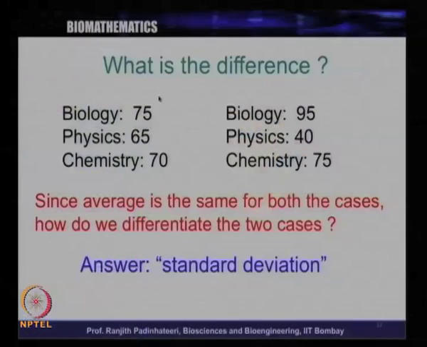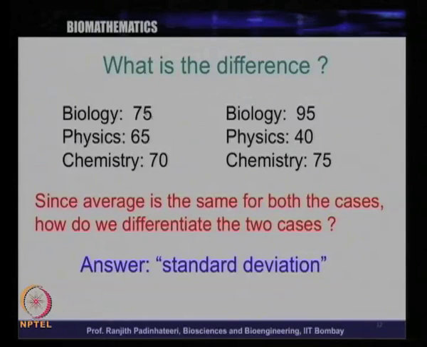So, let us compare these marks and then think about what is the difference. In biology you have got 75, your friend has got 95. In physics you have got 65 and your friend has got only 40, which is much less. On the other hand, in biology your friend has got a very high mark. In chemistry you got 70 and your friend got 75.